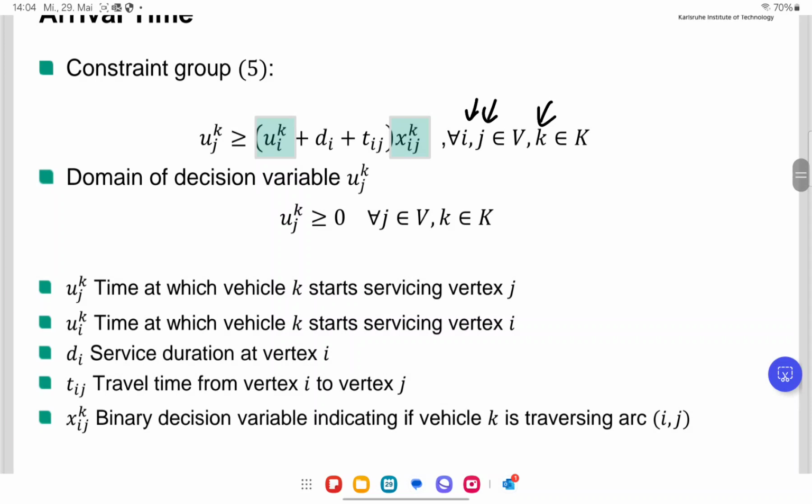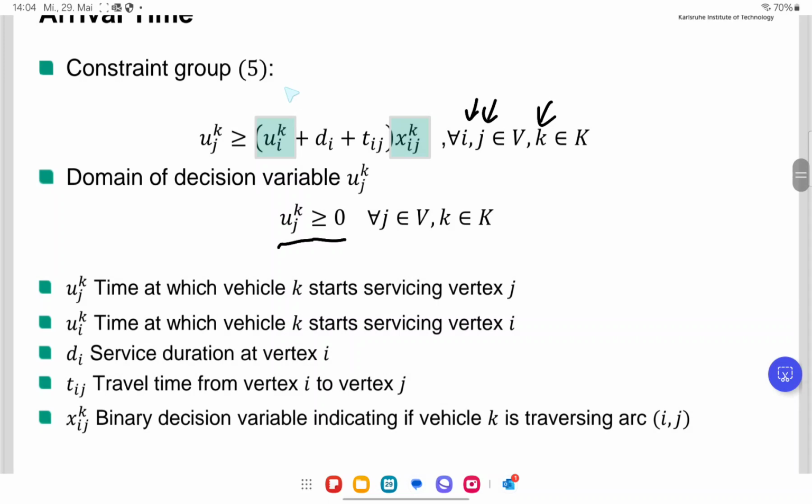But if you write things down, you should watch out whether this is a plural form, or whether this holds only for one, in which case it's a pure single constraint. And what we also know is the domain of the decision variable. We know that this should be non-negative, and that means here that we cannot have a starting point which is negative. We will use that also later.